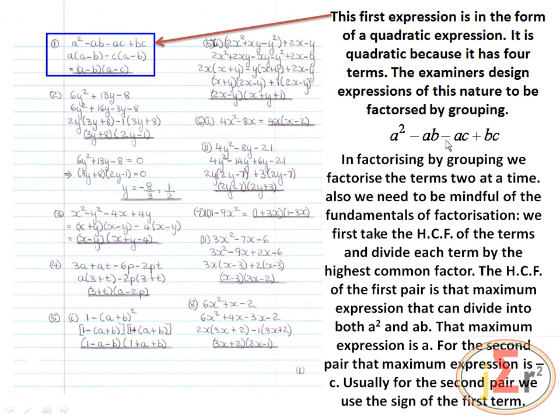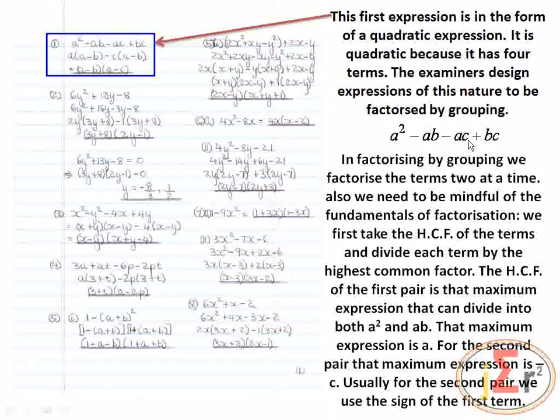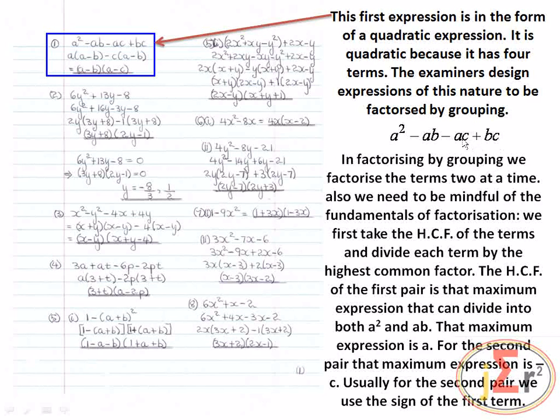Therefore, when we choose a common factor, in this particular case c, we should use the sign that begins the second pair, and that sign that begins the second pair is negative. So we will use negative c as our common factor in this particular case.